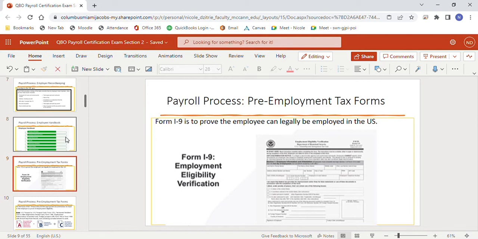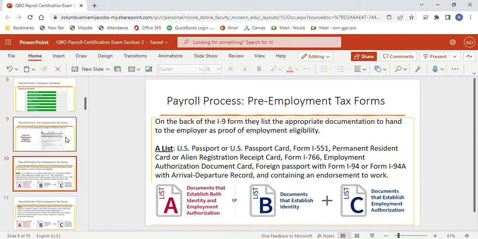The first one is the I-9, and this is to prove that the employee can legally be employed in the United States. On the back of the I-9, they give you a list of appropriate documentation that you have to hand in to the employer as proof of employment eligibility.